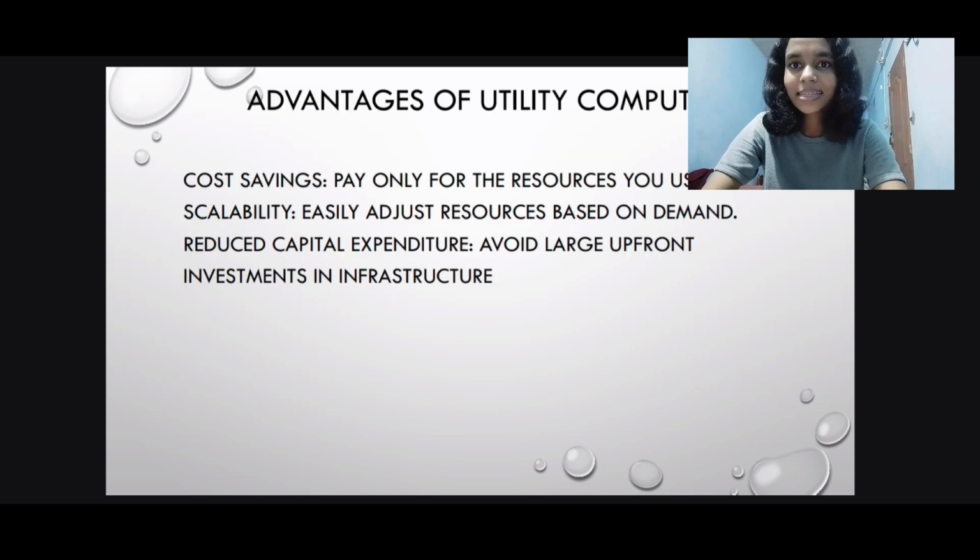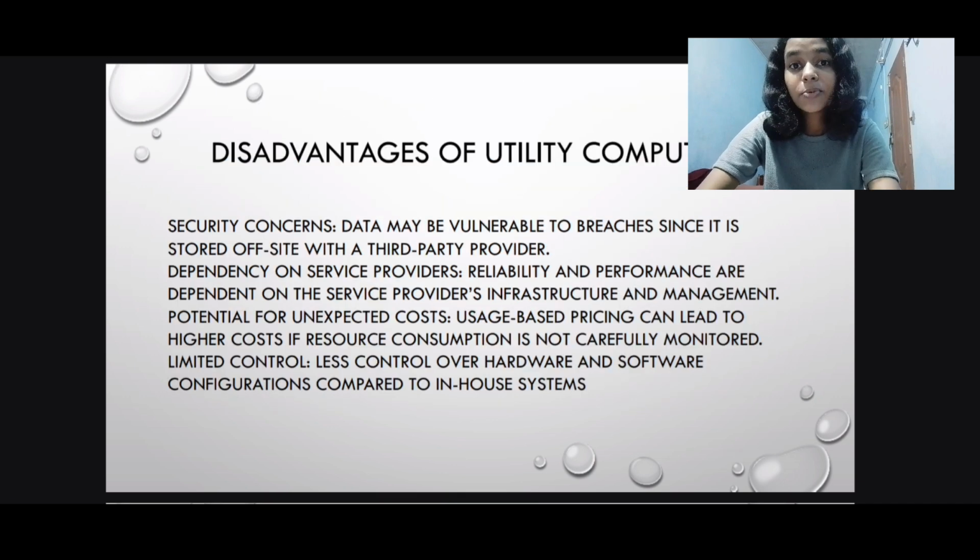Advantages of utility computing: cost savings, scalability, and reduced capital expenditure are the main advantages of utility computing. Disadvantages of utility computing: security concerns, dependency on service providers, potential for unexpected costs, and limited control.